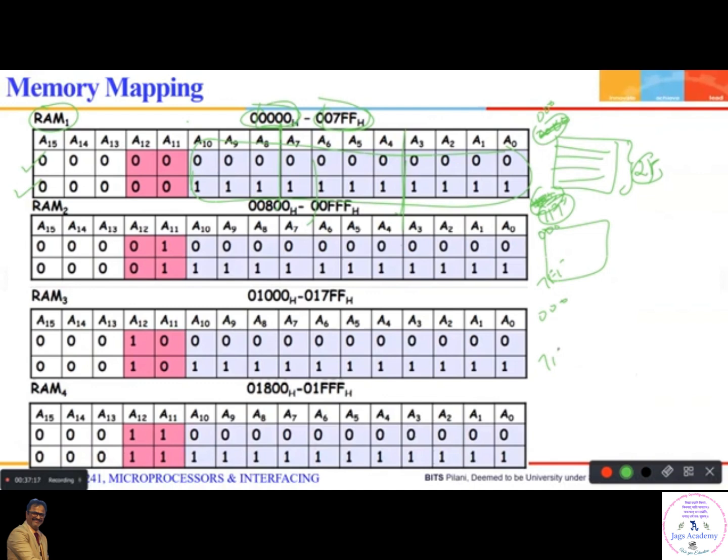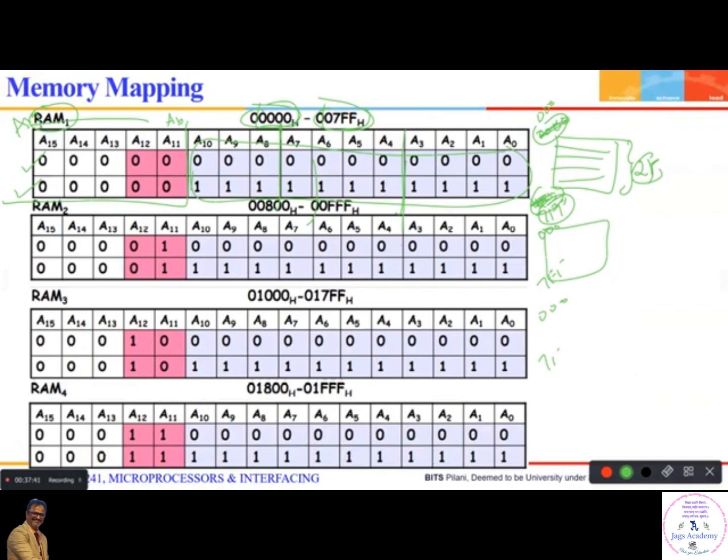Now, which are the remaining ones? A11 to A19 will go to the input of the decoder logic. Now, just look at the bits from A11 to A19.